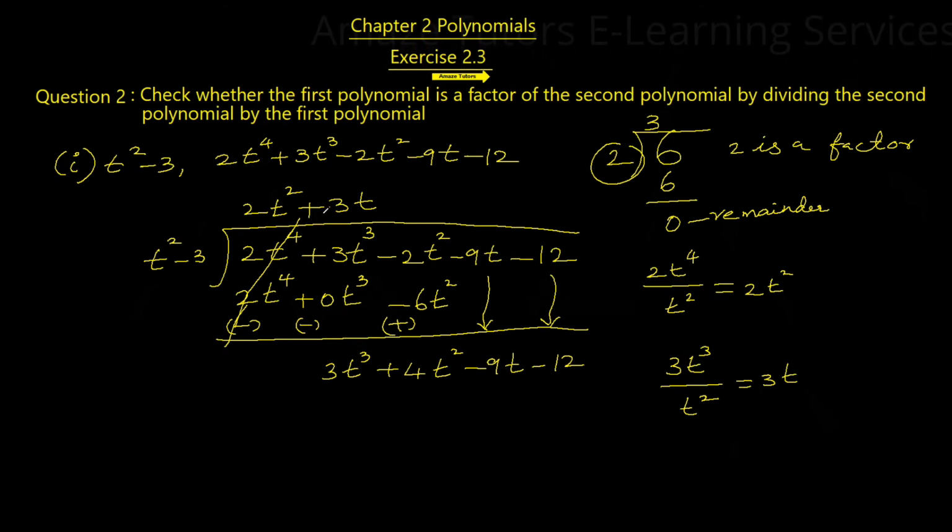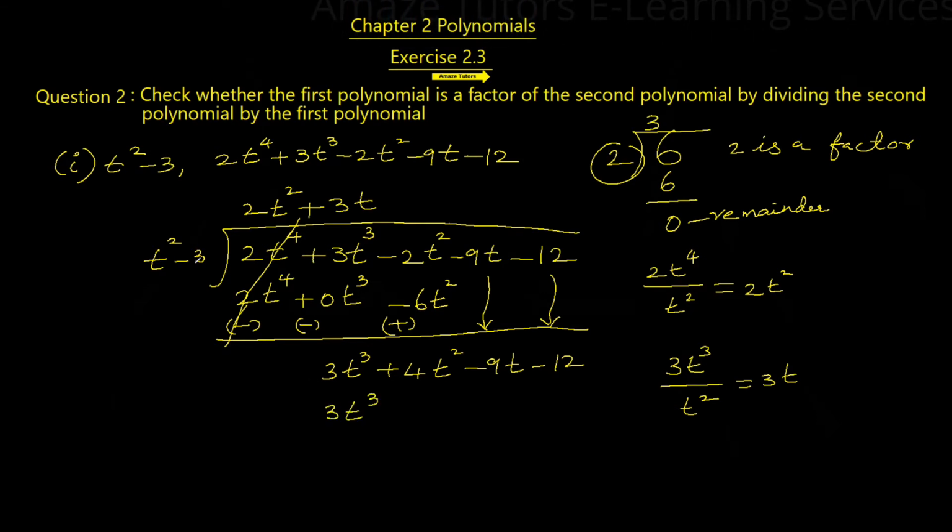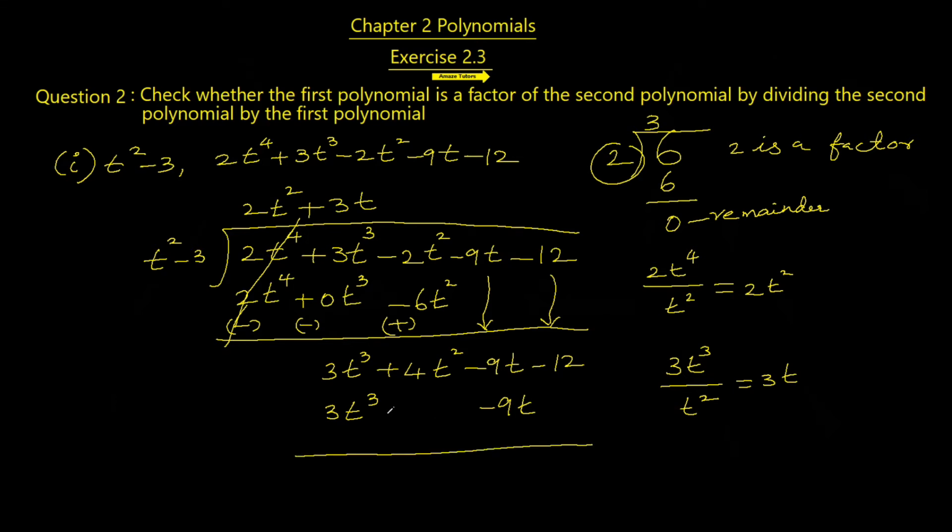3t times t squared is 3t cubed, minus 3 3s are 9t, minus 9t. So I should write it under the t only. Now again plus 0t squared plus 0 for the constant.